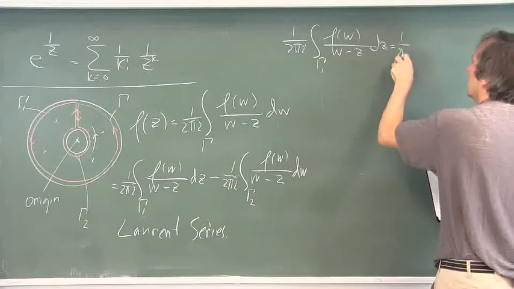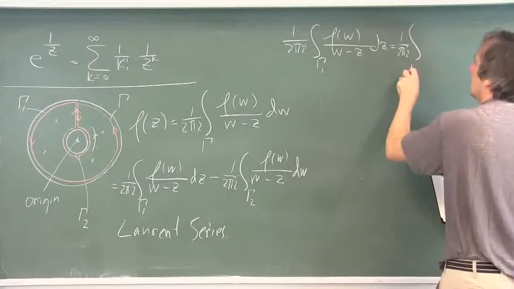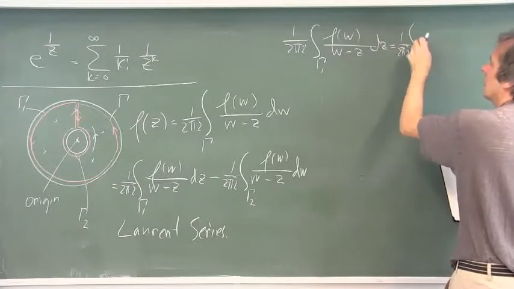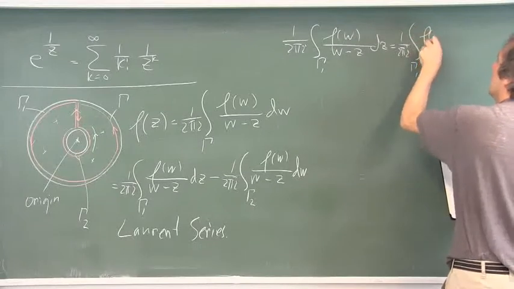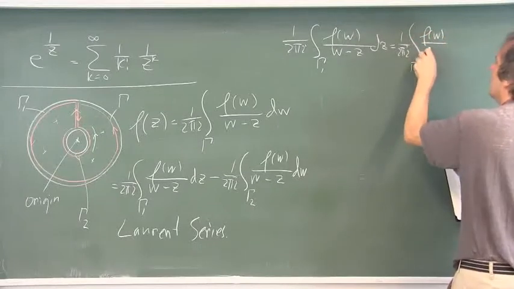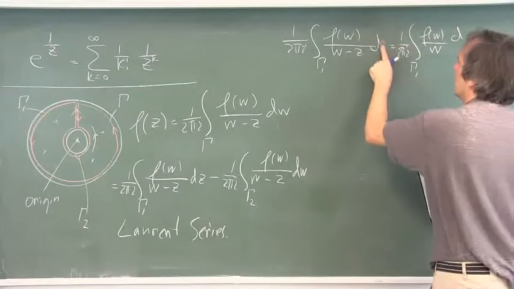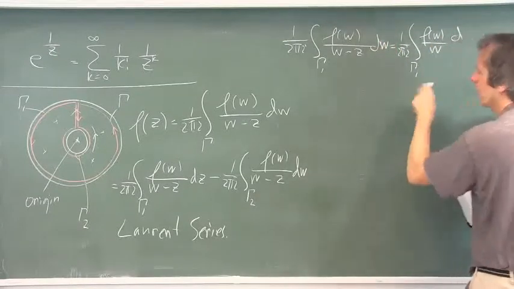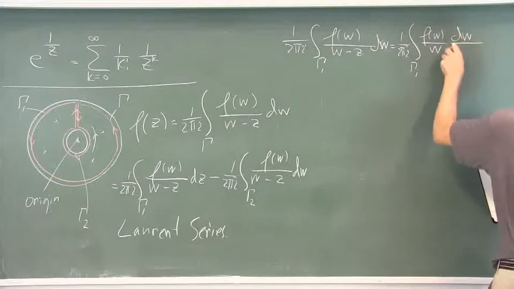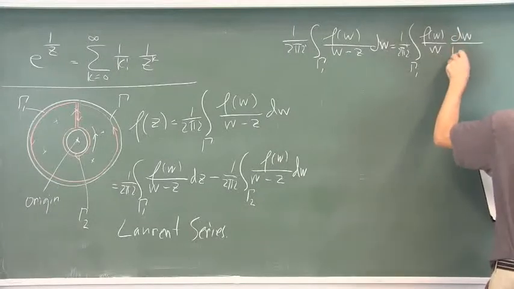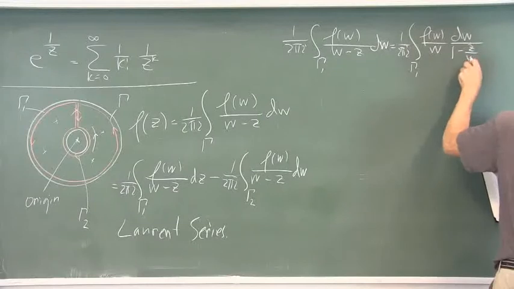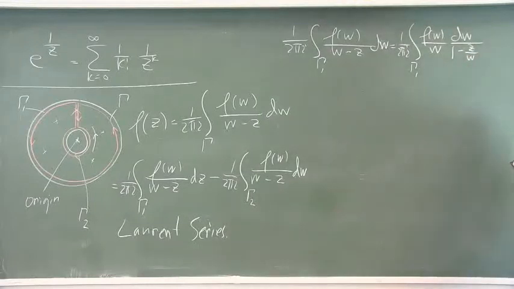So we'll get f of w divided by w, and then we get dw divided by 1 minus z over w, like this.